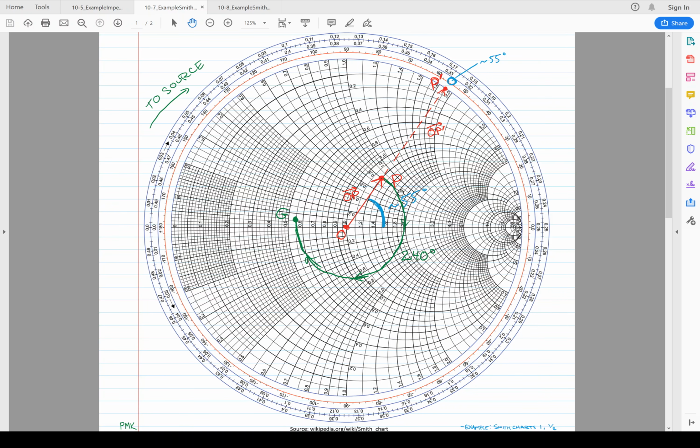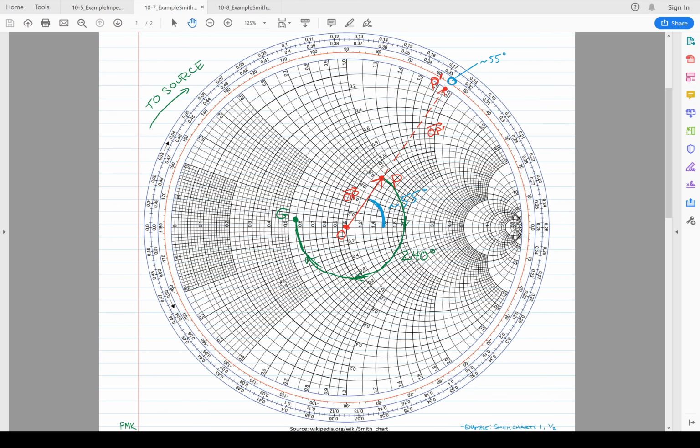We know this is 55 degrees, and we know a half circle is 180 degrees, and that puts us a little bit more into the inductive reactance region. That's about here, point G. And remember, this is all approximate.